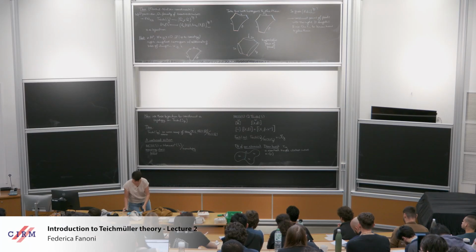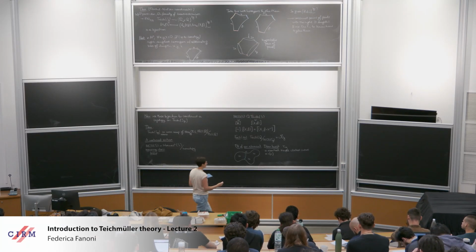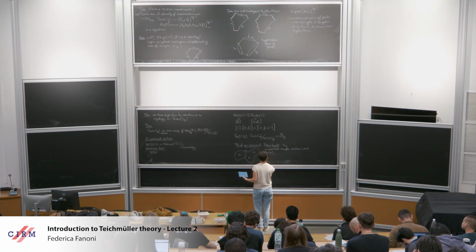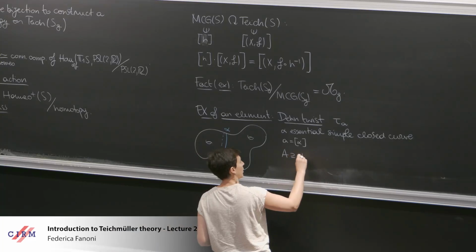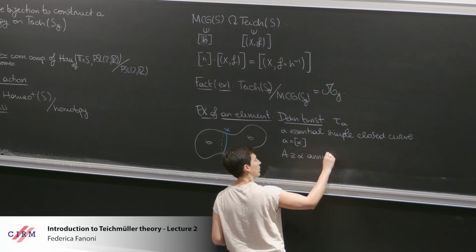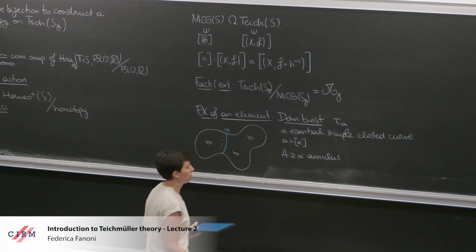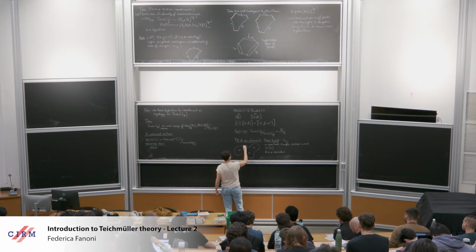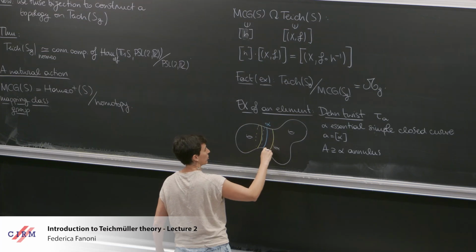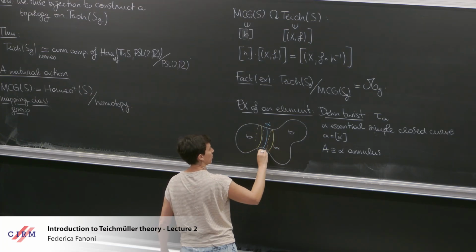Concretely, or very explicitly, what you can do is choose A, an annulus, which is a regular neighborhood of your curve. Of course, here again, there are many choices, and what one needs to do is to show that at the end, all of these choices give you the same thing.